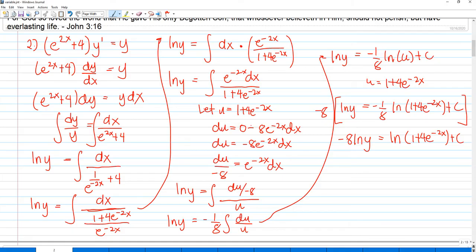By properties of ln, this negative 8 can be the exponent of whatever is inside the natural logarithm. So we have ln of 1 plus 4e raised to negative 2x plus c.